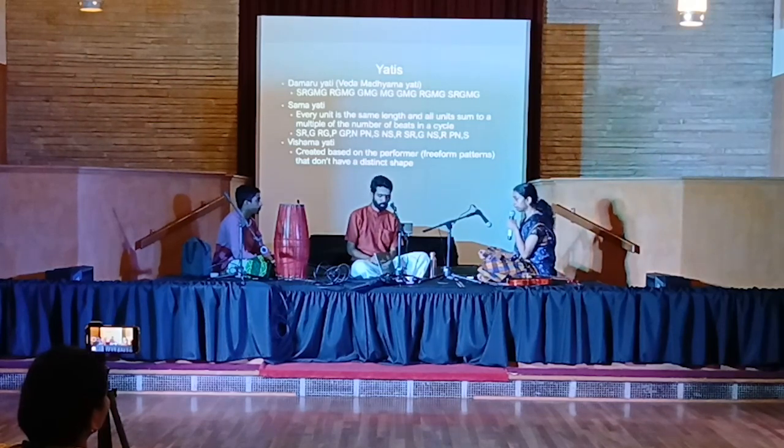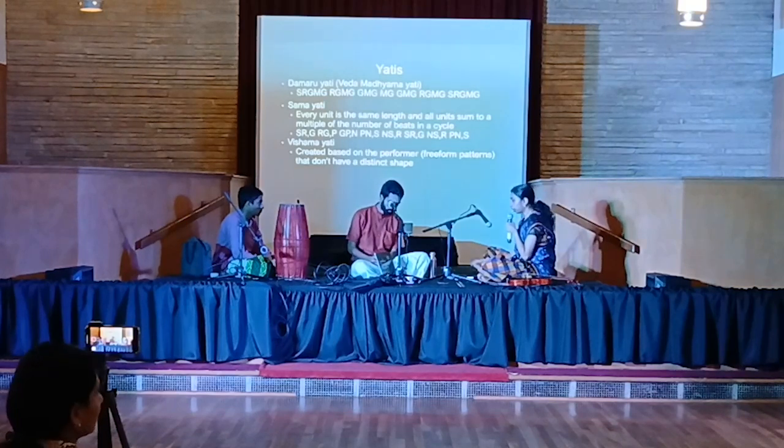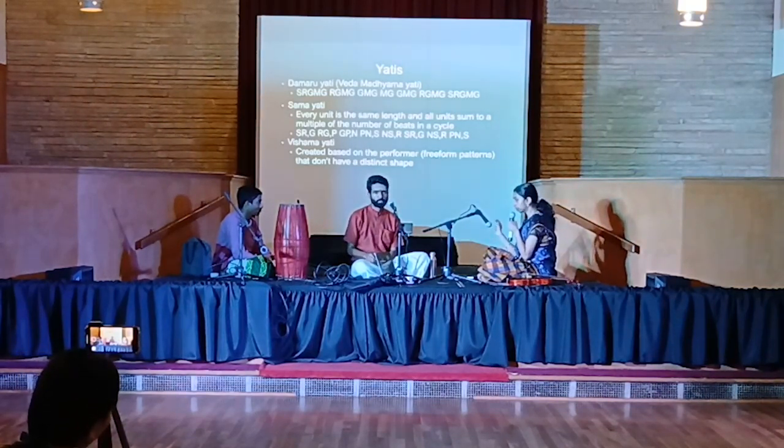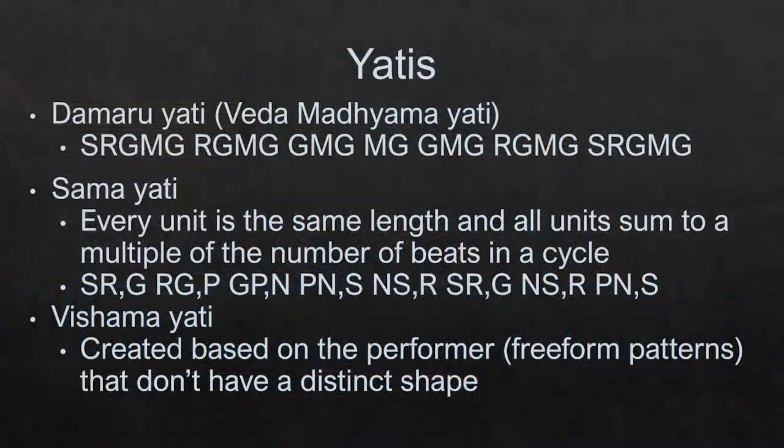So we have Sari, Riga, Pagapa, Riba, Nisa, Nisa, Risa, Riga, Nisa, Riba, Nisa, Para, Madhukasana. And all of these are 4 beats each, so it's important to keep that unit the same length to be a Samayati.